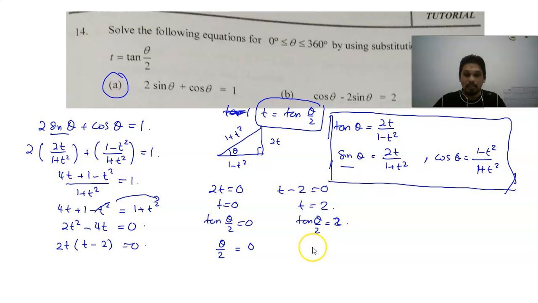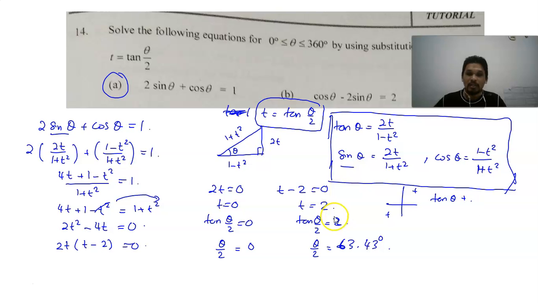Okay, and then arctangent of 2 equal to 63.43 degrees. Tangent positive lies in the first and third quadrant.